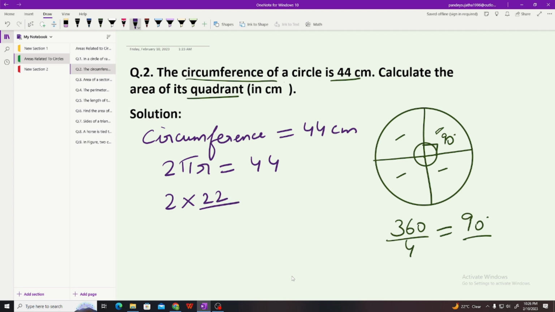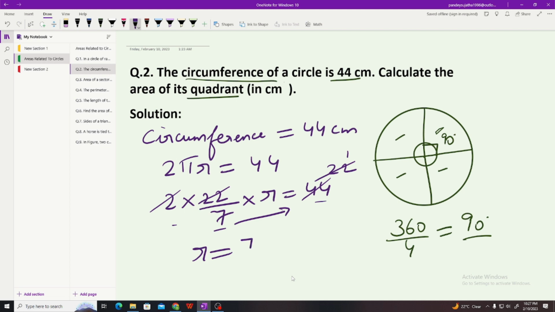The value of pi is 22 upon 7 and radius we need to find. So it is 2 into 22 upon 7 into r, which is equal to 44. So we can cancel this 2 and this 44, and even we can cancel this 22 and this 22. We are left with 1 here. So r will be equal to, shift this 7 there. So it is 7 into 1, which is 7 centimeter.